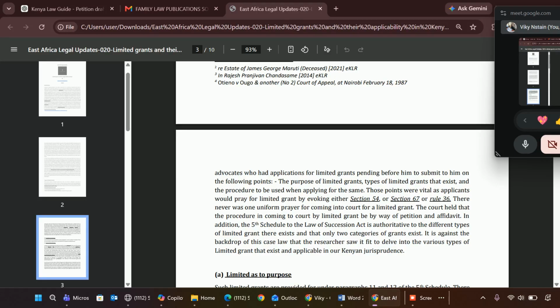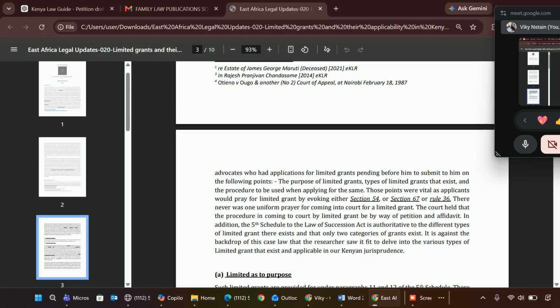So those points were vital as applicants would pray for a limited grant by invoking either Section 54 or 67 or Rule 36. There never was one uniform prayer for coming into court for a limited grant. The court held that the procedure for coming to court for a limited grant be by way of petition and an affidavit.